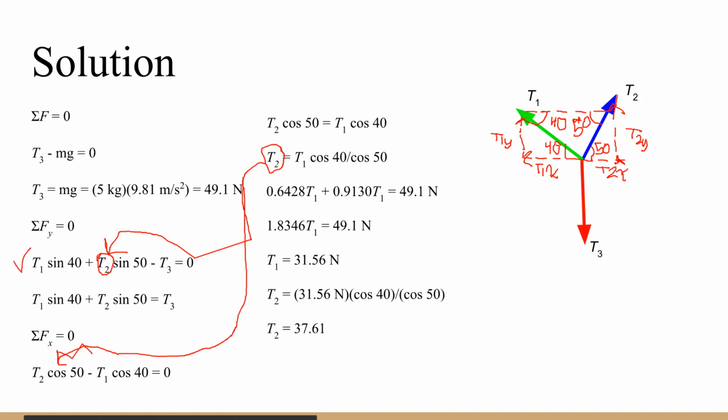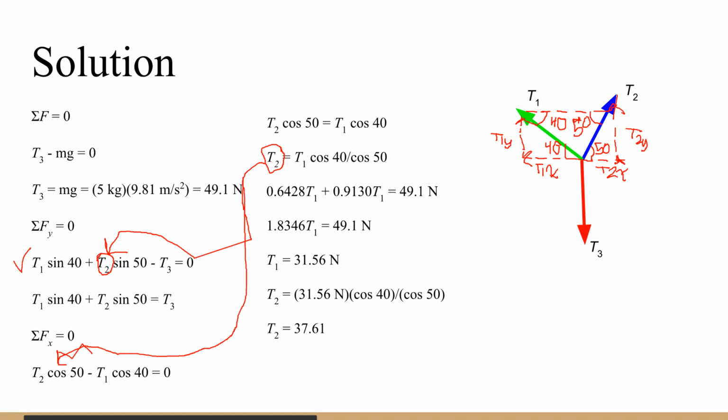Substitute right in there. So you have 0.6428 T1, that's sine of 40 degrees, plus cosine of 40 divided by cosine of 50 times the sine of 50. That got me 0.9130 T1 equals 49.1 newtons, which is the tension we got from T3.